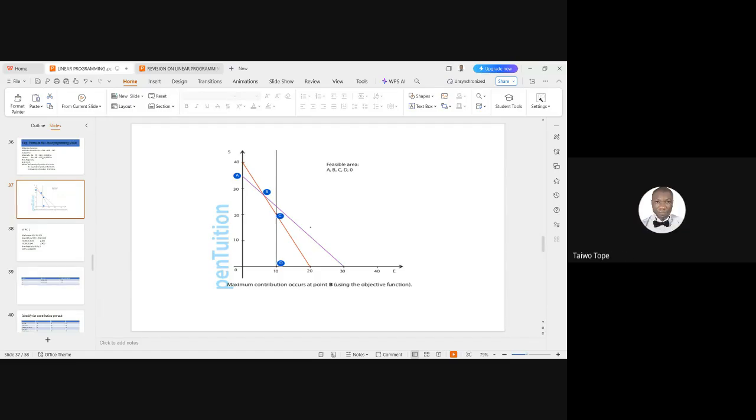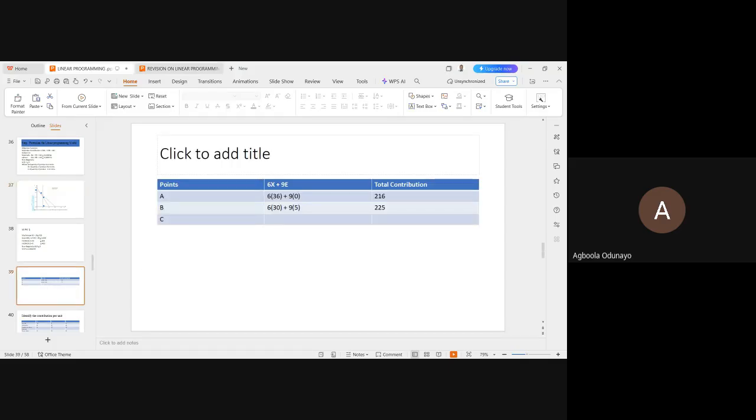So the value of E is what? 9 multiplied by 20. So 6 times 0, plus 9 into the bracket of 20. So we now have it as 180.